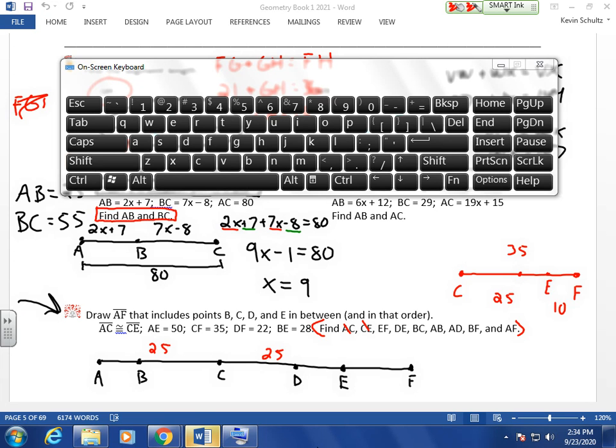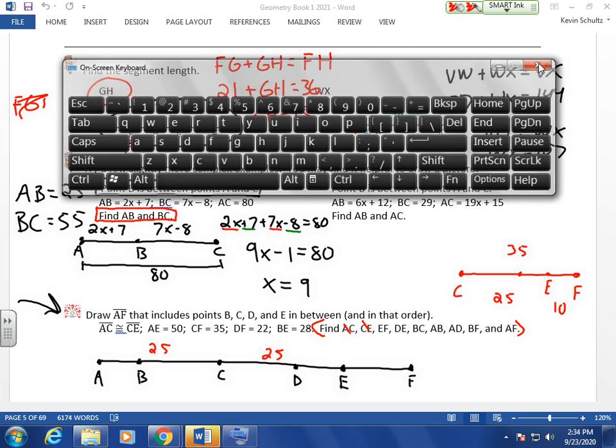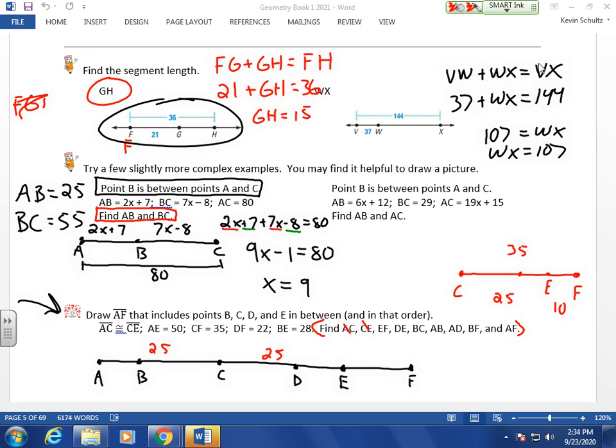Okay? Questions on this? It's using algebra for a purpose, you can kind of say.